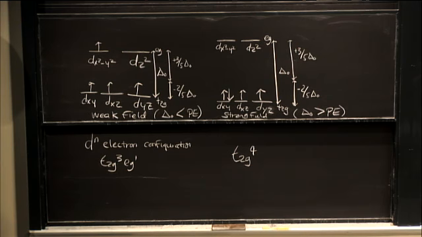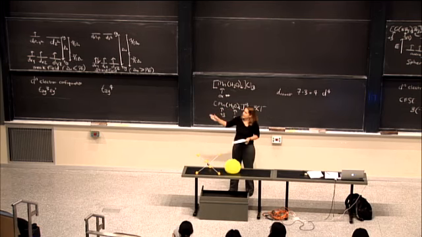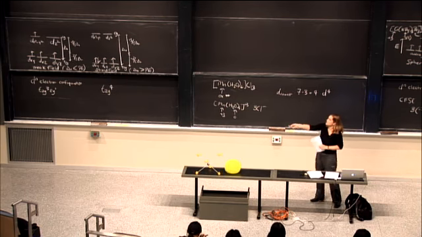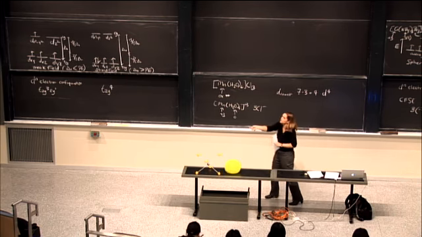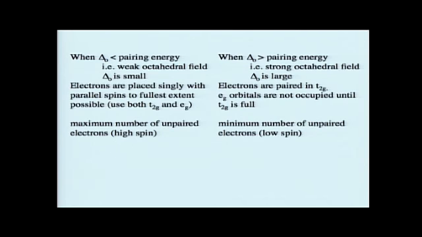Let's just put up what we've done here and introduce another term, which are high spin and low spin. So we have these 2 cases here. And again, we're considering how big is this octahedral crystal field splitting energy compared to a pairing energy, the energy involved in pairing electrons together. In a weak field, the splitting energy is small.